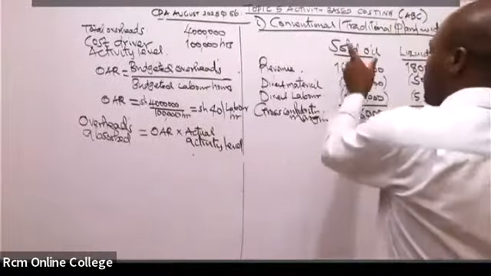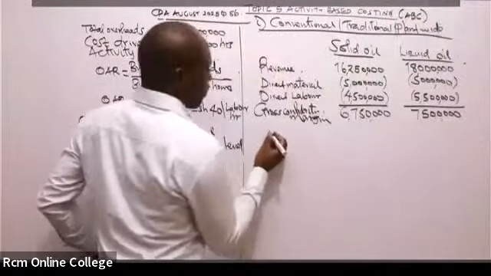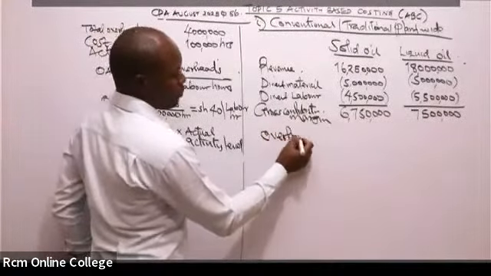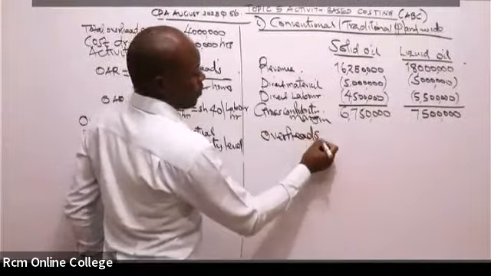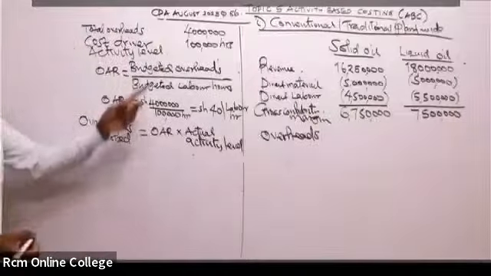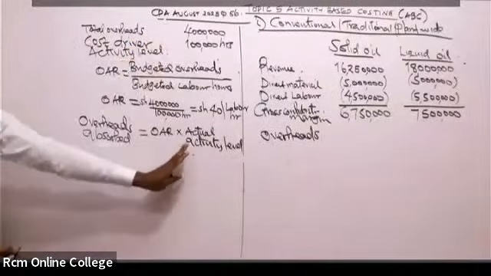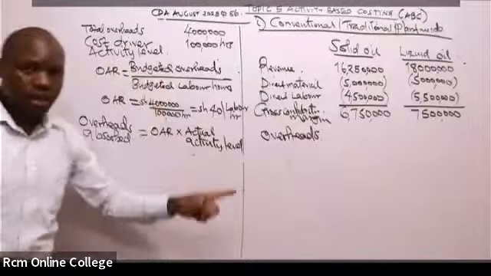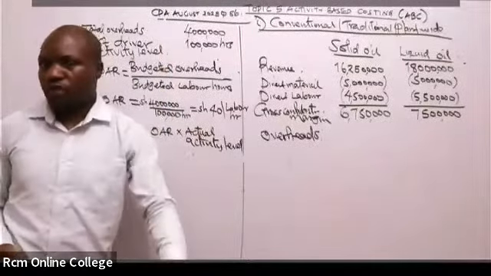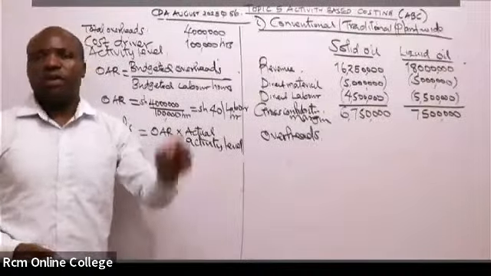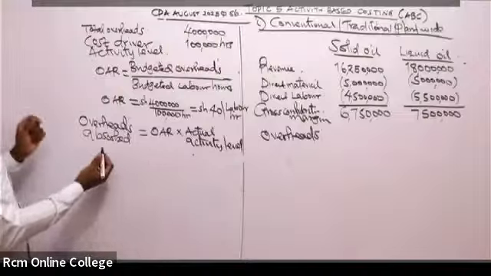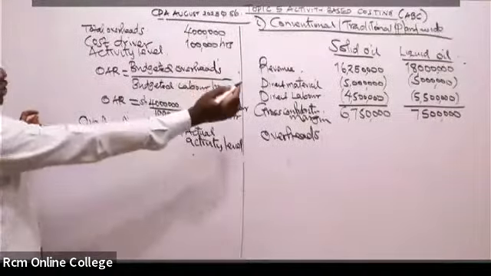Number 1, for the solid oil. So let's now bring the overheads. The budgeted activity level. If you're not given actual, budgeted will be equal to actual. So let's come here. Overheads absorbed for the solid oil.